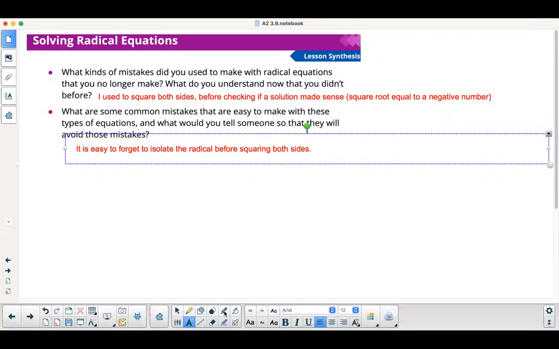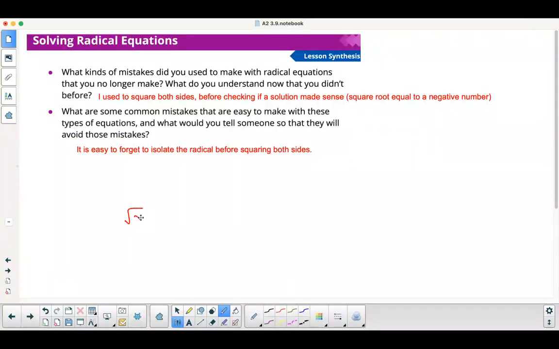So, if I had something like this, square root of x plus 2 equals 6, I see a lot of people try to do this and then they forget to square the 2. That would be no good. You'd have to move the 2 over first, get the radical by itself, and then you can square both sides.